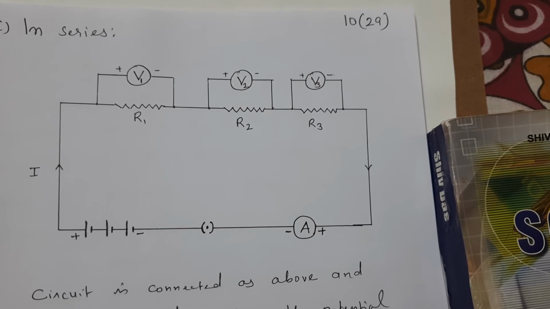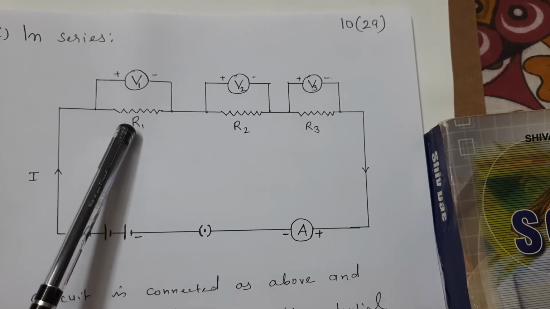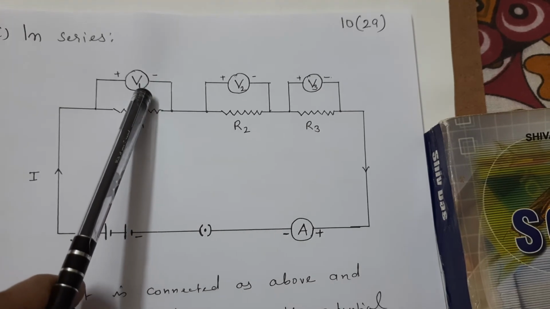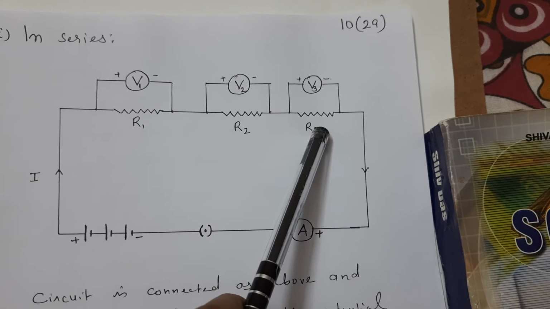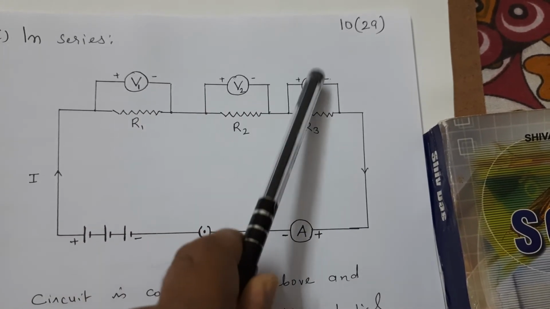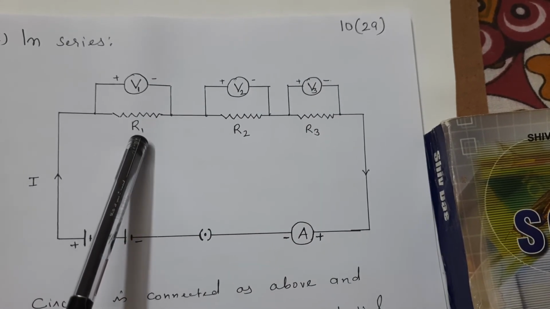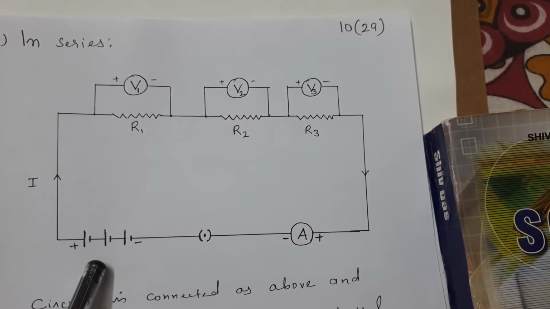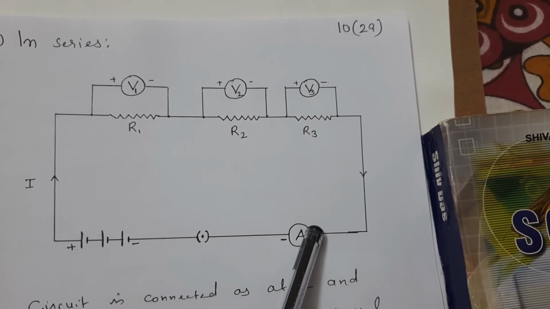The only difference is that here across each resistor we have placed a voltmeter. Across R1 there is a voltmeter V1, across R2 there is a voltmeter V2, across R3 there is a voltmeter V3. So V1, V2 and V3 are the values of the potential differences across R1, R2 and R3. This is a source of potential difference, that is the battery, and this is the ammeter.